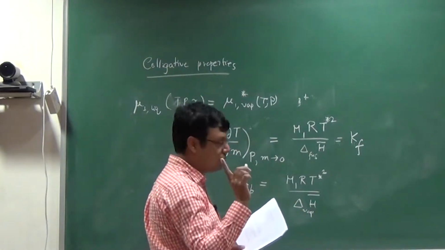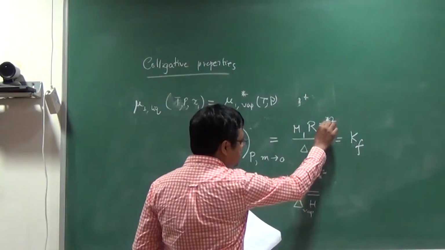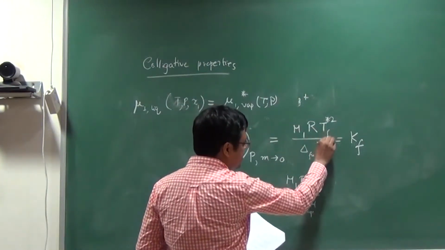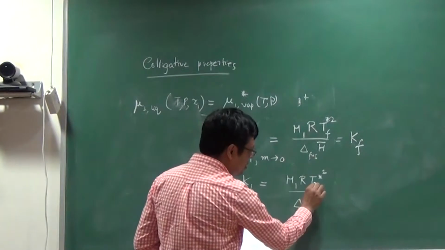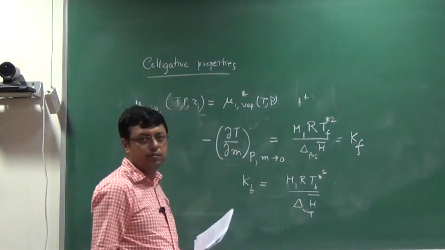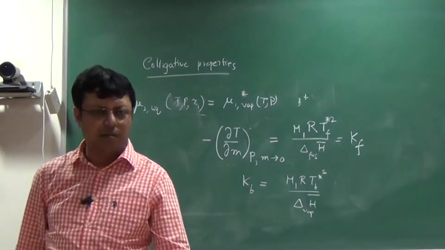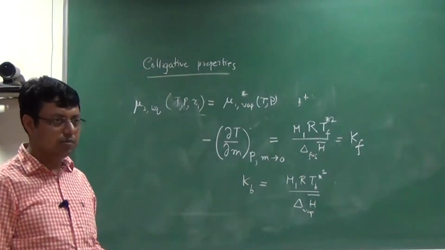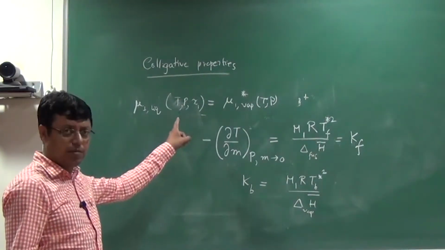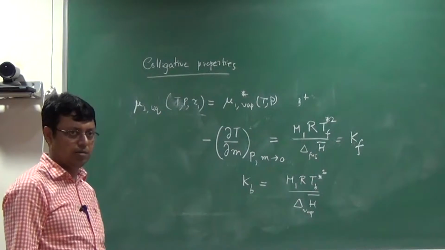Also, just to distinguish, these two T stars are different. This is basically T star for F, freezing point. This was for the boiling. Clear? But the derivation is exactly the same. Only thing is that just keep in mind that there won't be any minus sign.